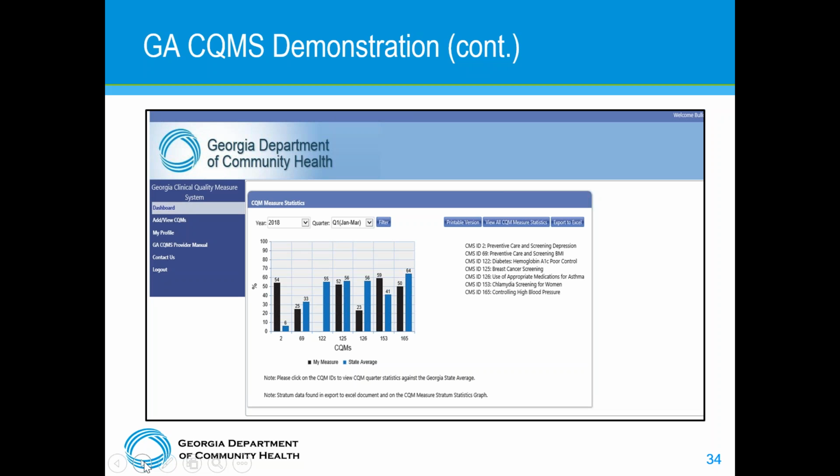The dashboard will display the measure statistics for the current year and quarter. You can see that on the screen. And the graph shows a comparison of the CQM data you have entered as a user with the state average. To see how well you are trending with a CQM, you'd click the CQM, and a trend graph will be displayed. You'll see that on the next slide.